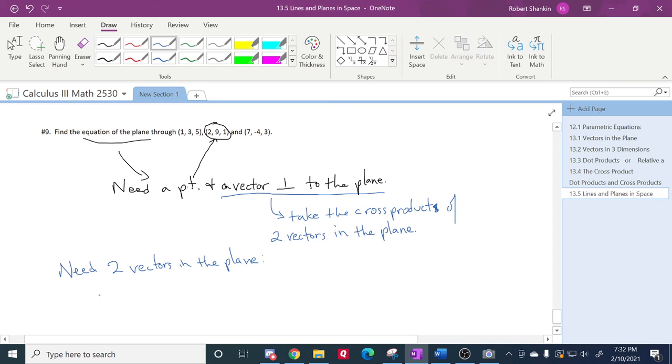Let's call them A and B. Anybody have an idea how I can get a vector A that's in the plane? I think you can pick at random. I will choose from the point (1,3,5) to (2,9,1) and get the vector.